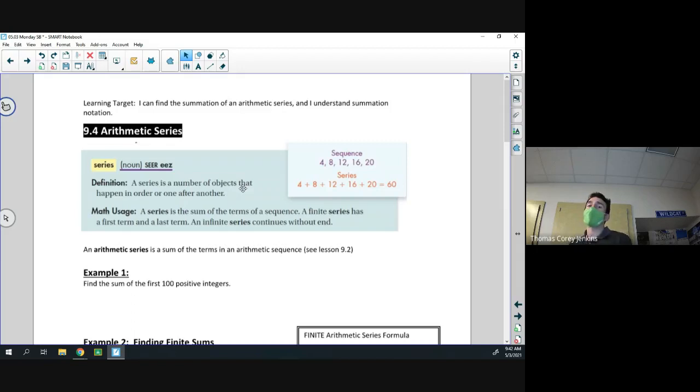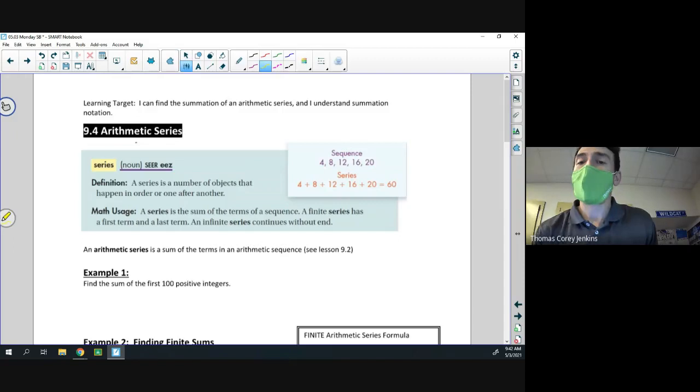Our learning target is: I can find the summation of an arithmetic series and understand summation notation. So the definition of a series says a series is a number of objects that happen in order, one after another.